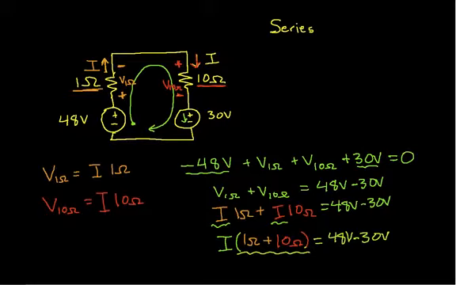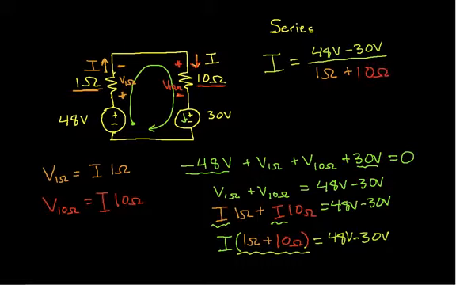I'll highlight this as a very important result. I is equal to 48 volts minus 30 volts over 1 ohm plus 10 ohms.